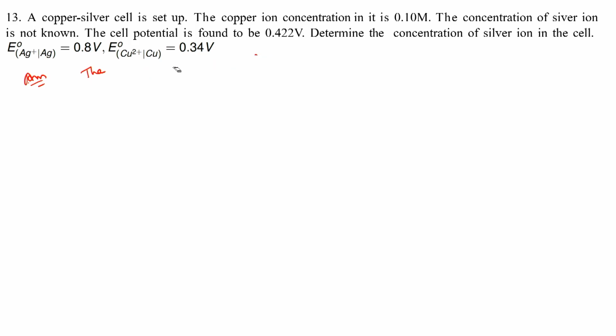Here the standard reduction potential of Ag+ to Ag is higher than that of Cu2+ to Cu, because we need to find out the cathode and anode.